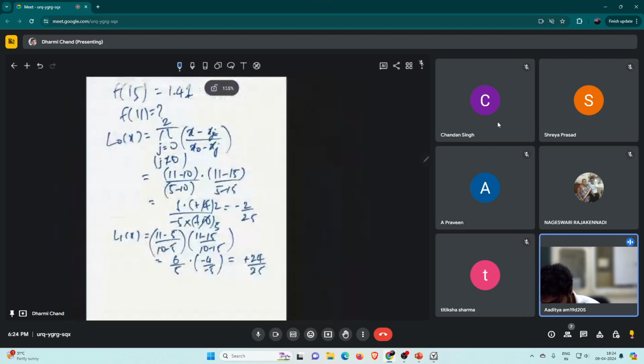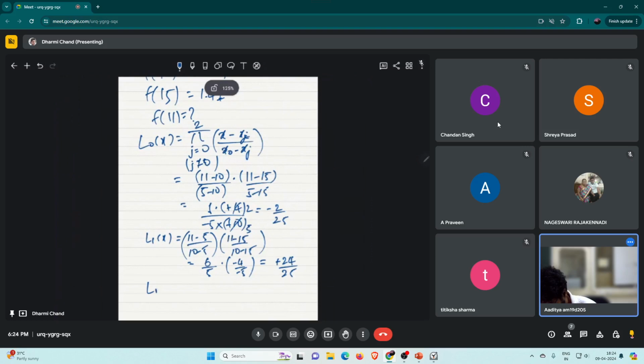And lastly I have L2 of x, which is 11 minus 5 by 15 minus 5 into 11 minus 10 by 15 minus 10.